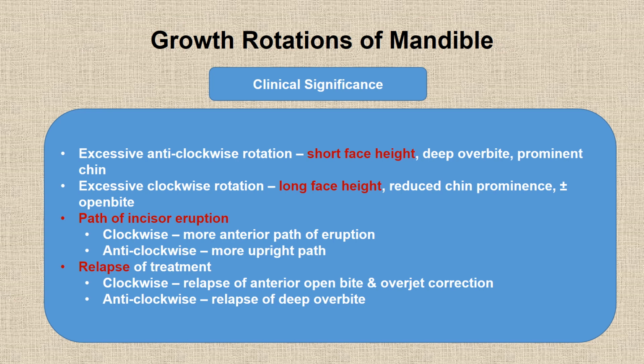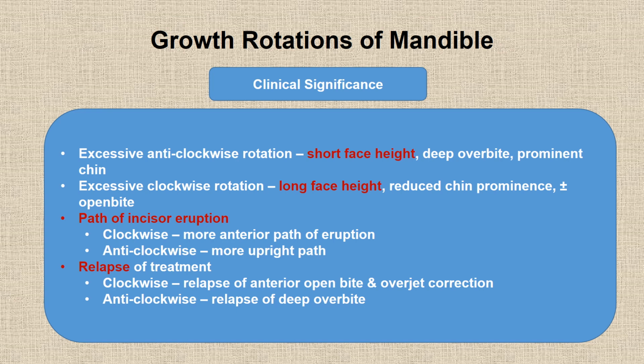The patient tends to have a deep overbite and a prominent chin. The excessive clockwise rotation on the other end results in what is known as long face syndrome, whereby the vertical facial height is increased, there's reduced chin prominence, and an open bite.